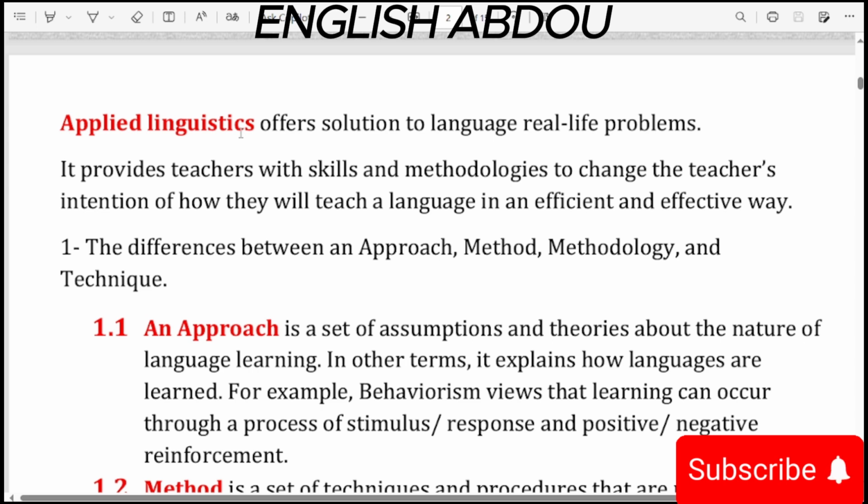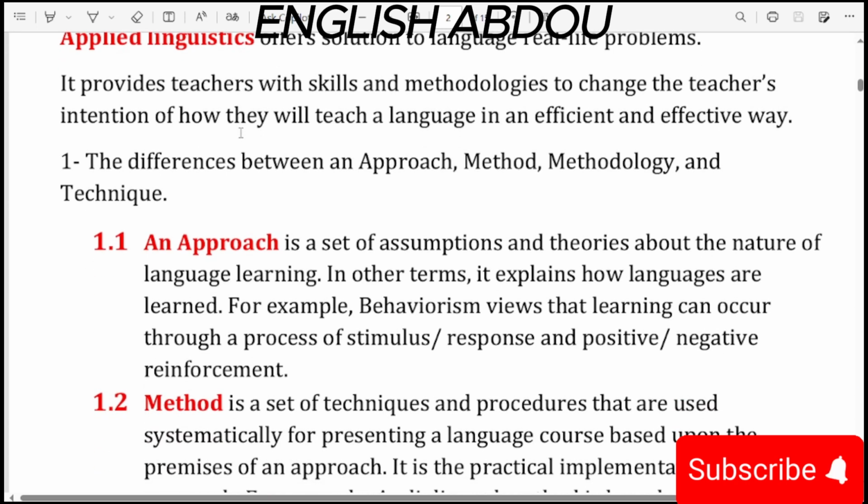So it brings theories, assumptions, and ideas in order to make learning language very easy for any type of learner. It provides teachers with skills and methodologies to change the teacher's intention of how they will teach a language in an efficient and effective way. Okay, this is in general what applied linguistics is.